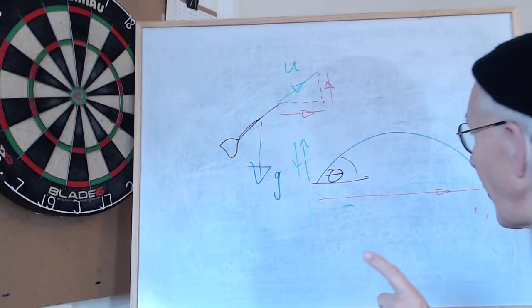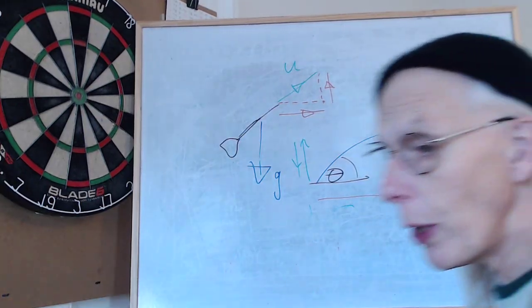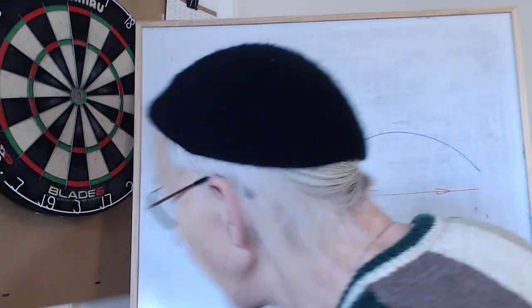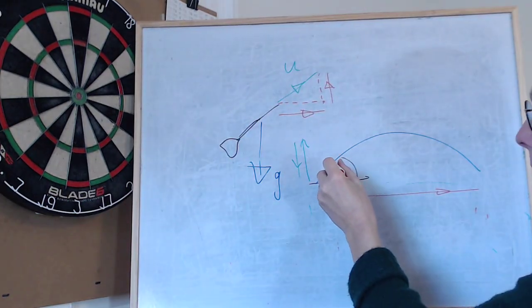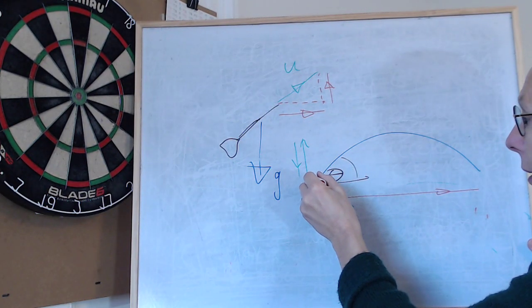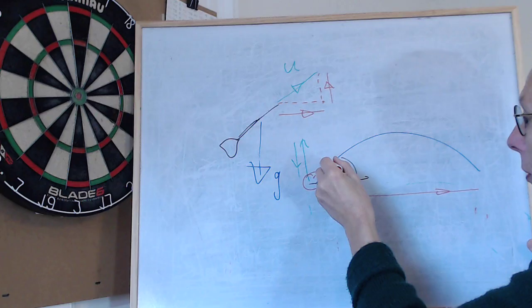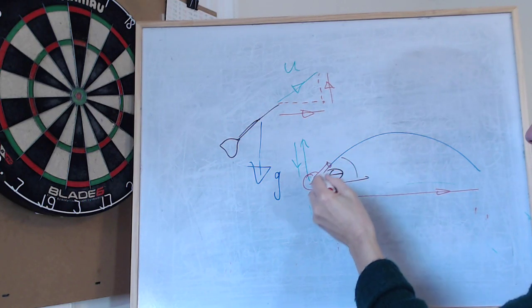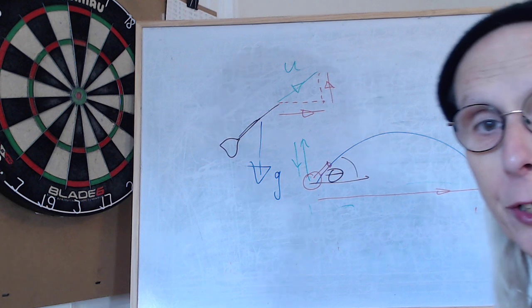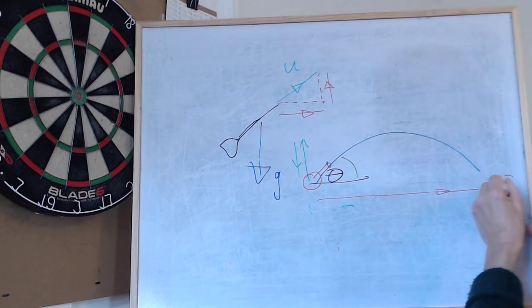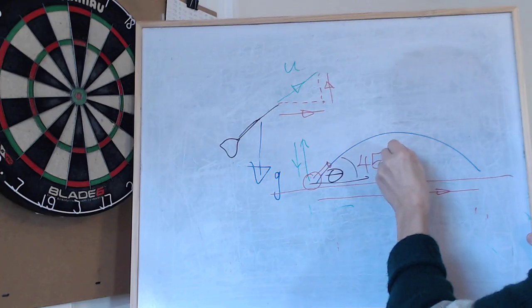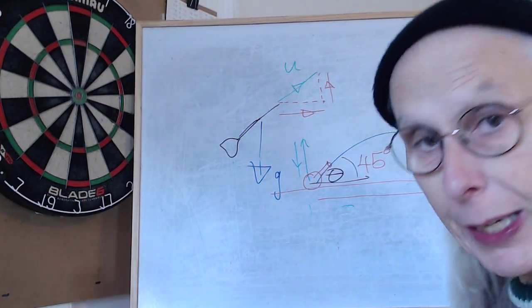And you might remember in the last video I said that if you wanted to maximize the range, so imagine this is actually a cannon rather than a dart player, releasing a cannonball, then if you wanted to maximize the range of your cannonball on level ground, the magic angle is 45 degrees. That gives you the maximal range.